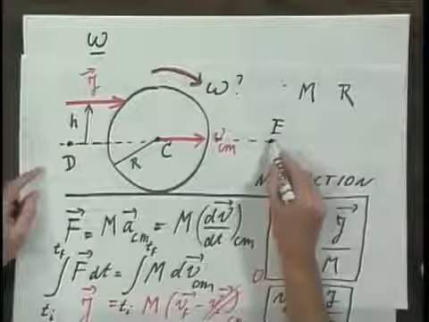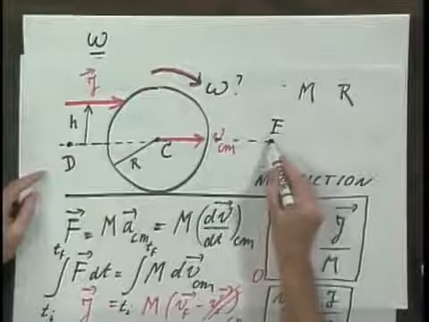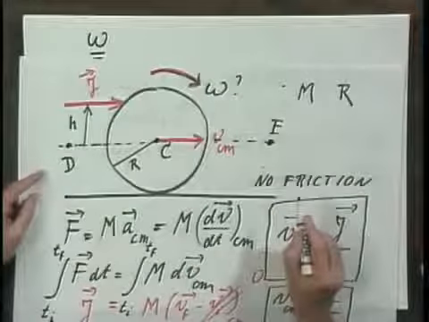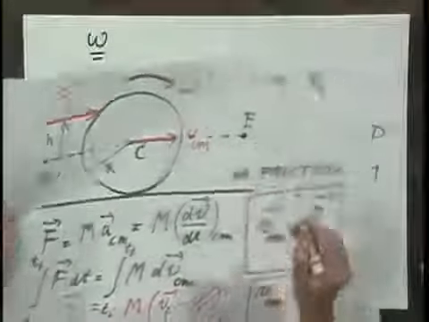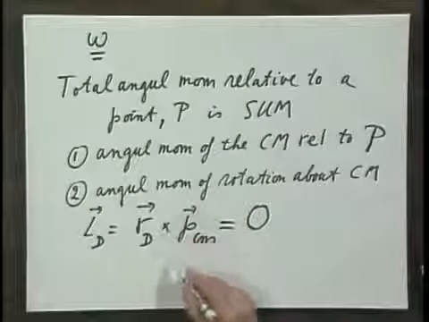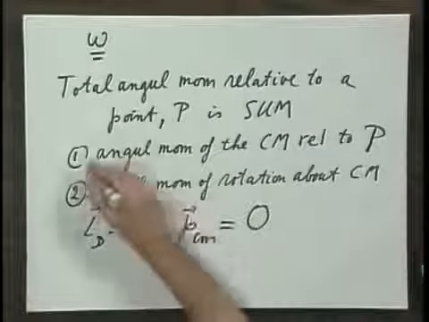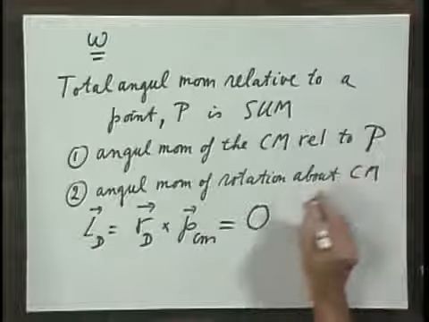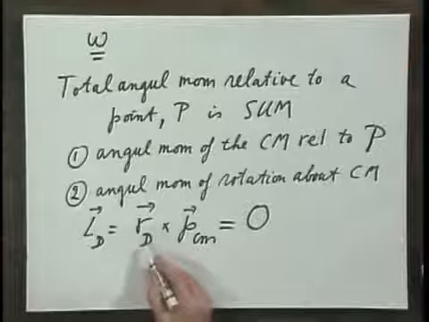If I had chosen point E, then the angle between the position vector and the momentum of the center of mass would have been 180 degrees, so this cross product would also have been 0. So it's clear that this component is 0, if I choose the point that I have chosen.